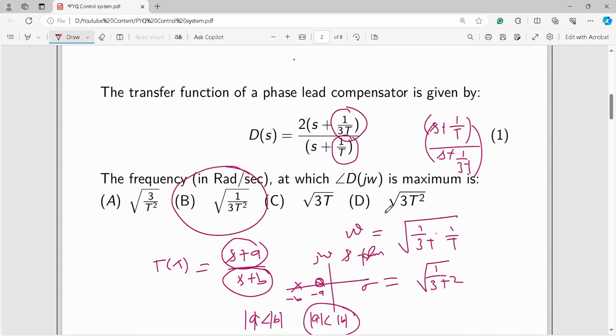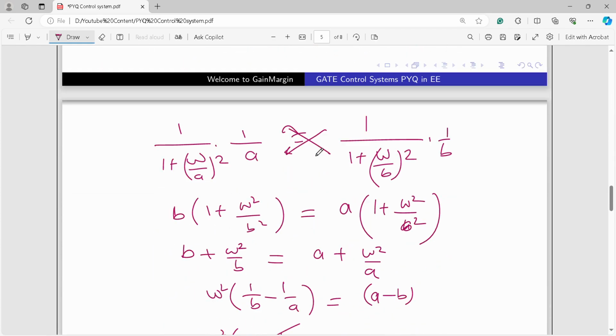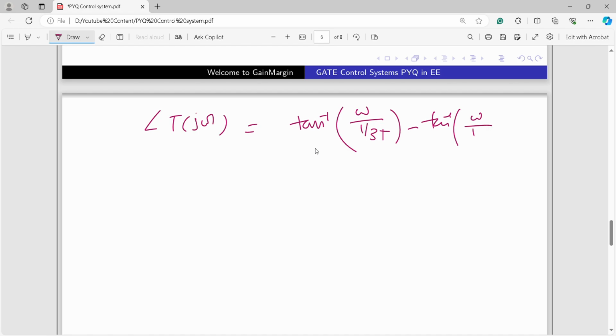Okay, if you extend this question for what angle, how much is the maximum value for this, what is the angle for this? It is tan inverse omega by 1 by 3t, so 1 by 3t minus tan inverse omega by 1 by t.